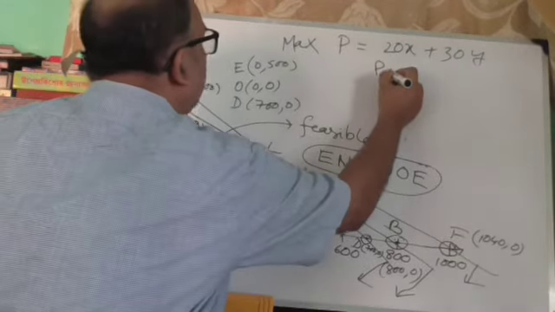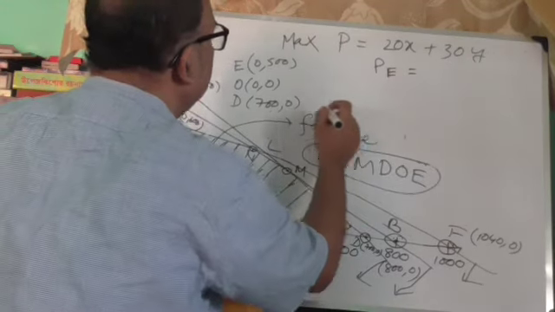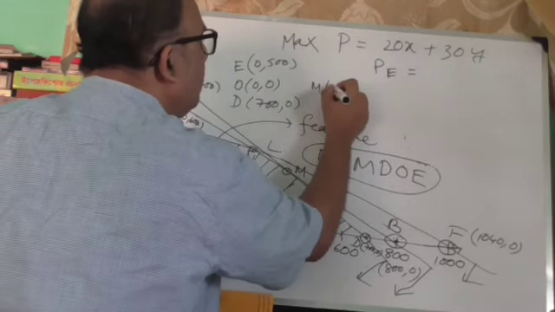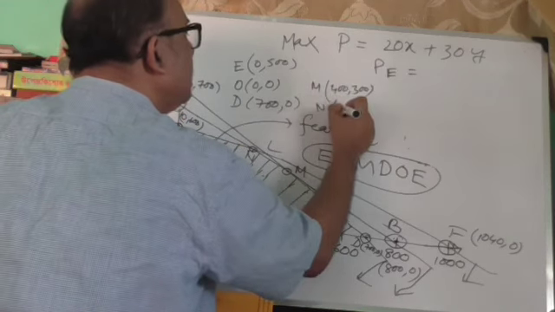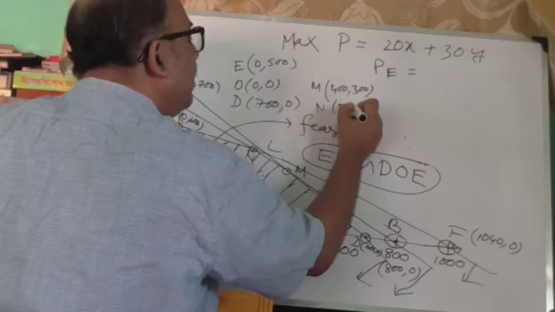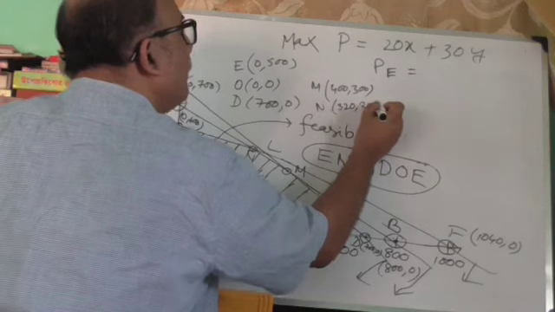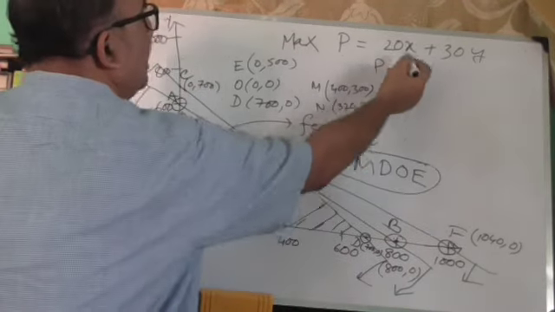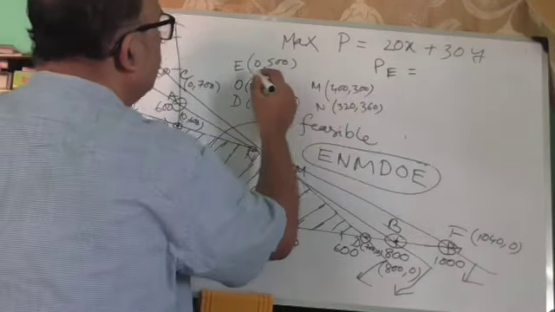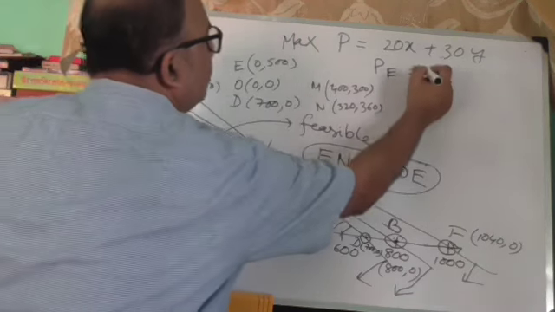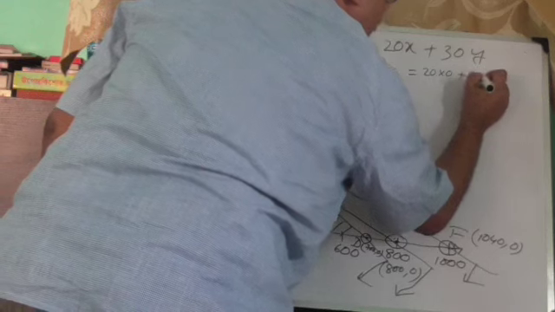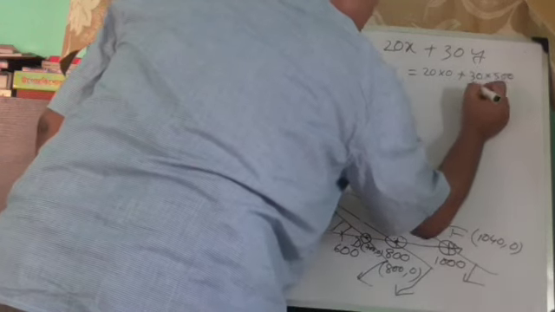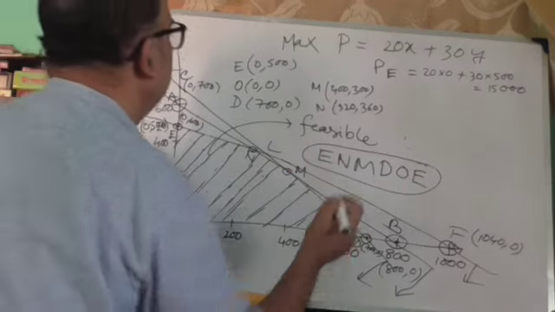So PE means the profit at the point E. We put X equals 0, that is 20 into 0 plus 30 into 500, which gives 15,000 rupees. So profit is 15,000.